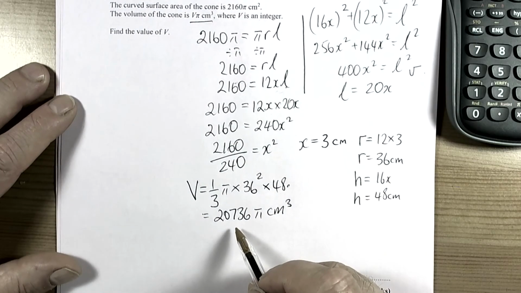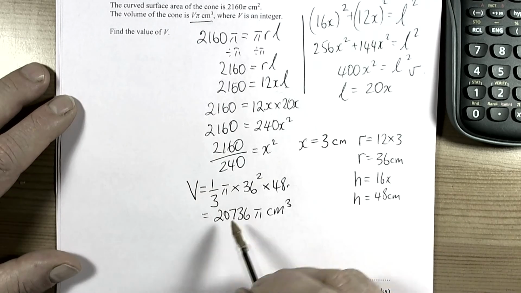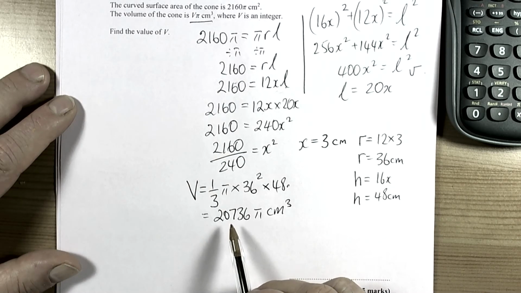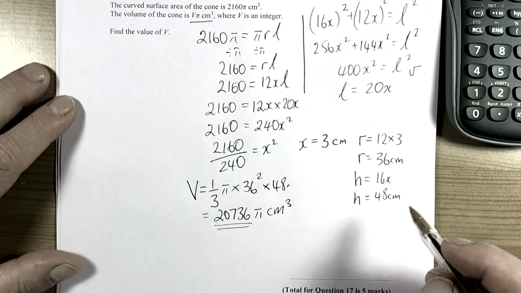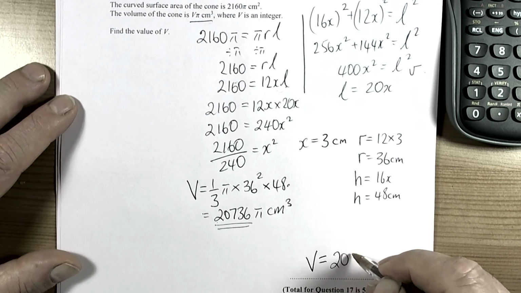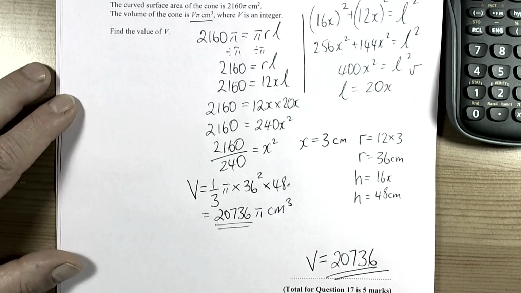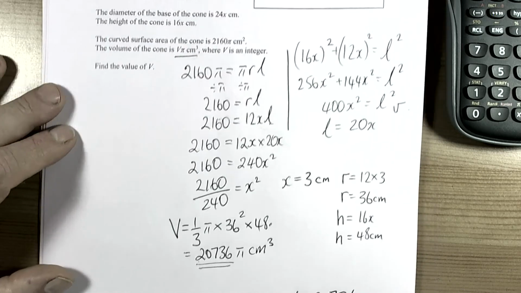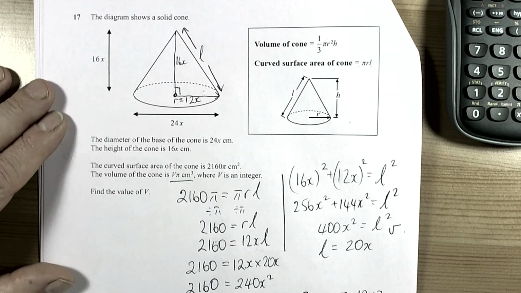So when it says what's the value of V pi, the volume of the cone is V pi, so V equals 20,736.